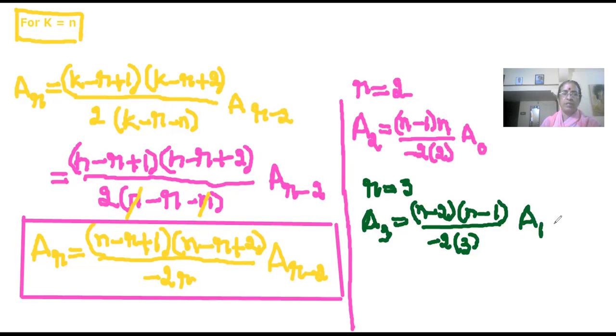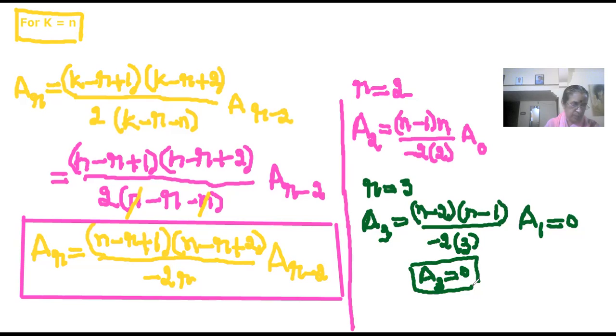But what is A1? A1 equal to 0. So this entire value A3 also becomes equal to 0. Finally we conclude A3 equal to 0. So we got the value for A2, and the A3 value has again become equal to 0.